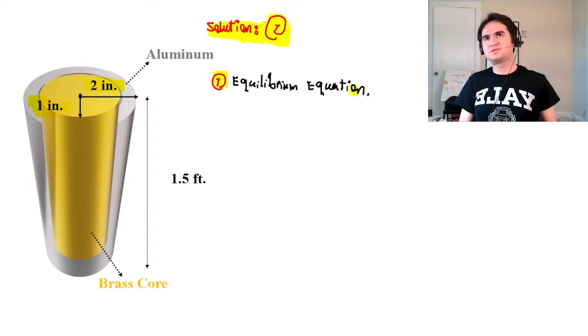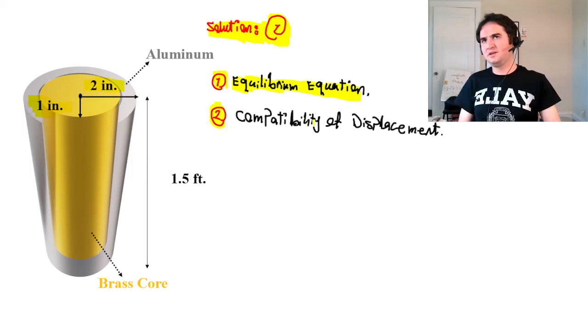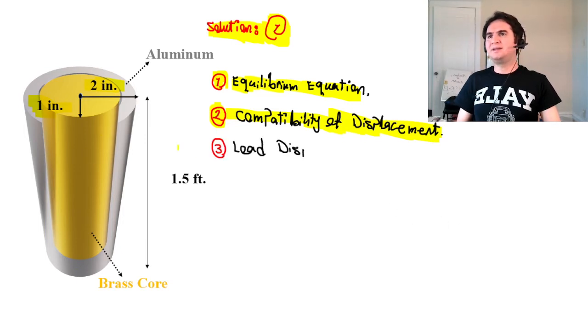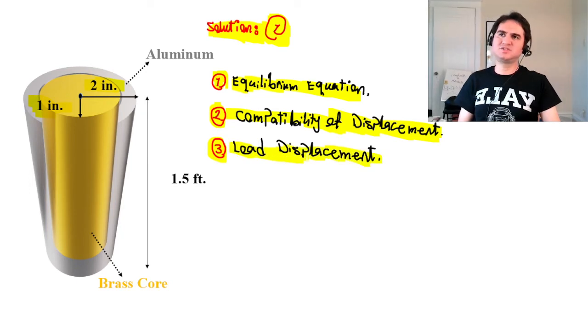First of all, we use the equilibrium equation to see the free body diagram and forces. Then, if you remember, we created the compatibility of displacement for forces and deltas. And in the third step, we just write the load displacement, which is delta equals NL over EA for axial condition like here.